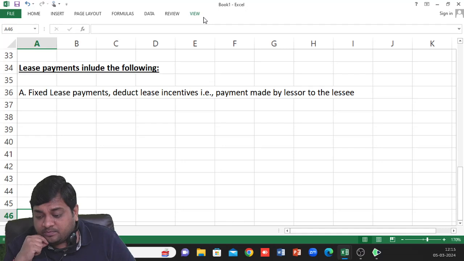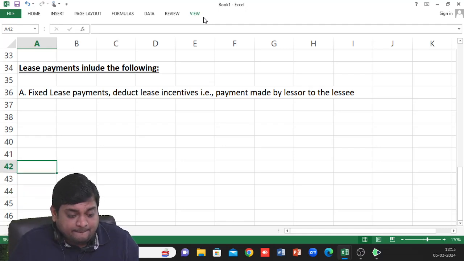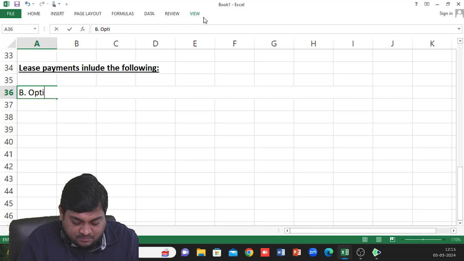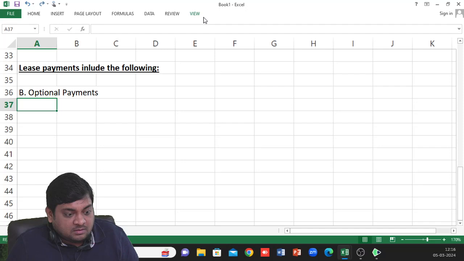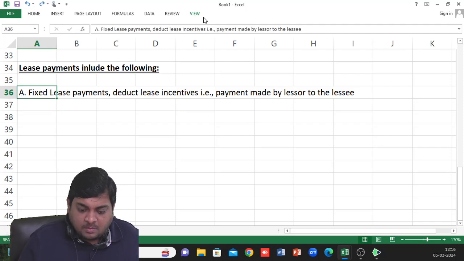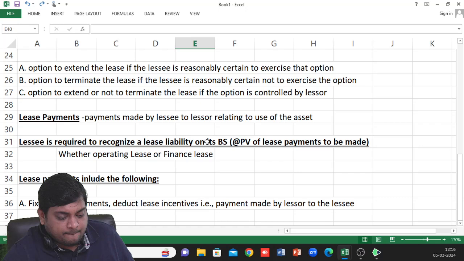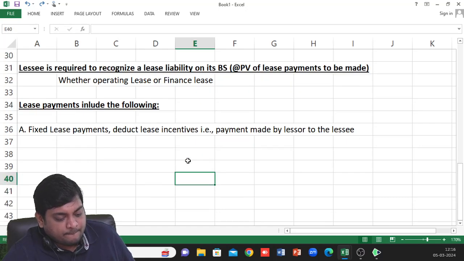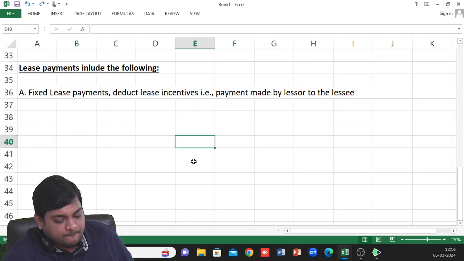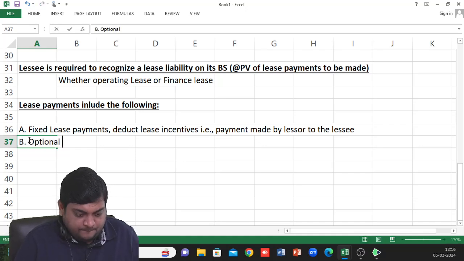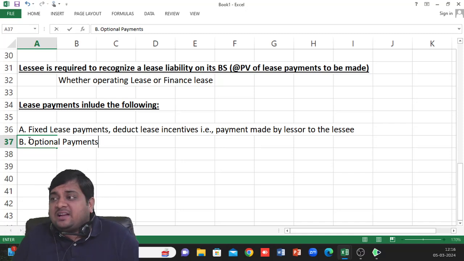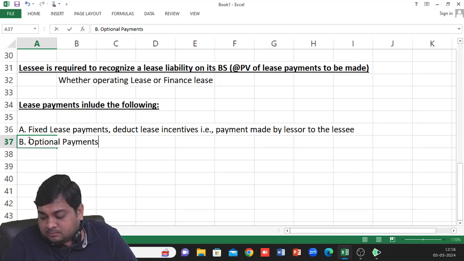This is very important. There are some optional payments. What are those optionals?